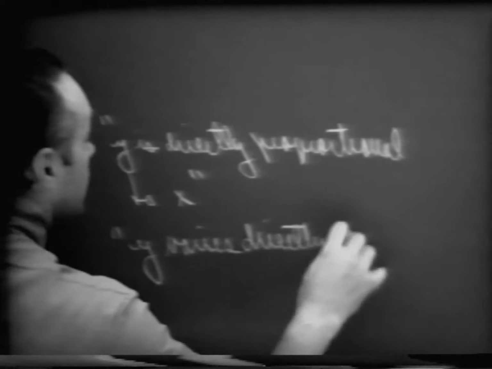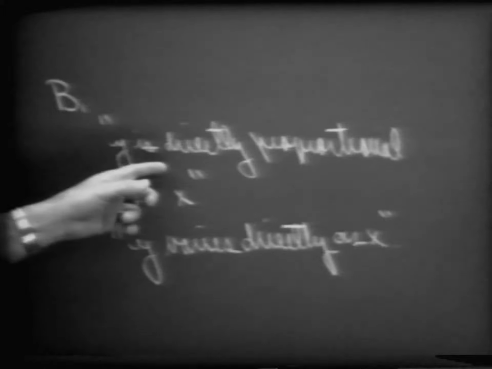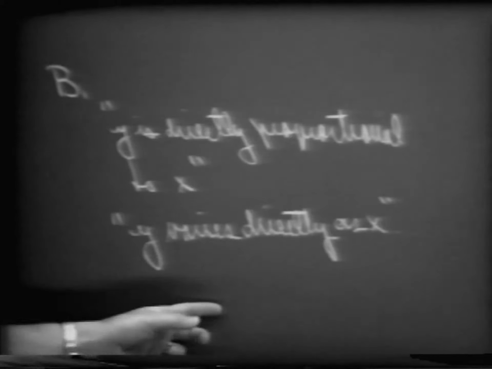Or how about y varies directly as x? Y varies directly as x is another way in which we may say the same statement as y is directly proportional to x. And what I'd like to do is to write an algebraic sentence which describes this phenomenon. So what do you think we may write here for this sentence? And Bob says y equals mx.